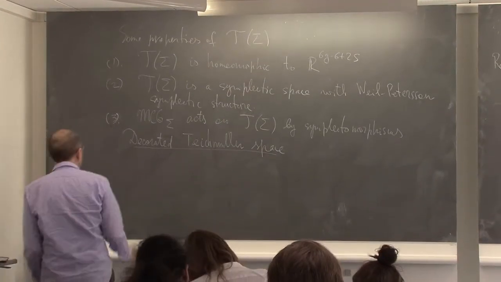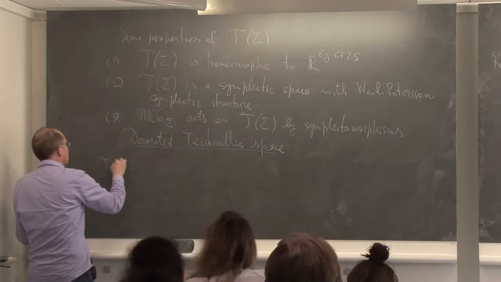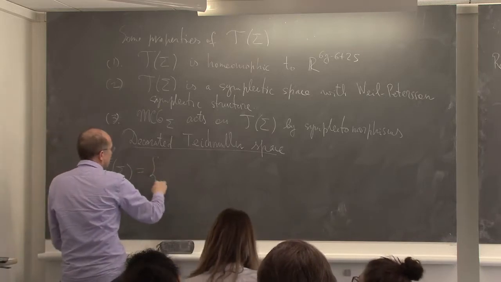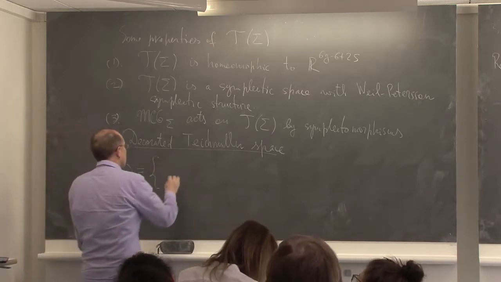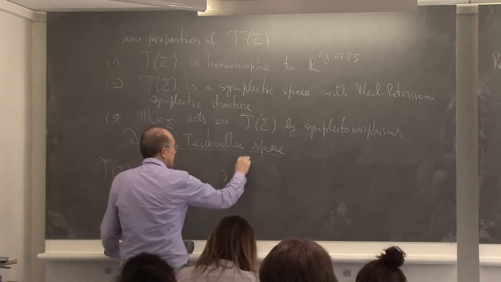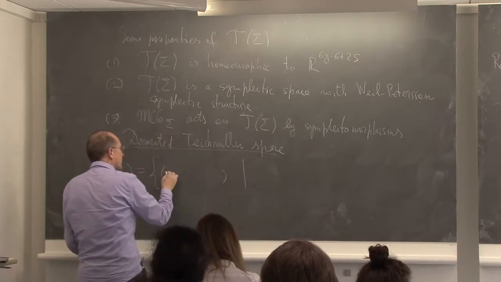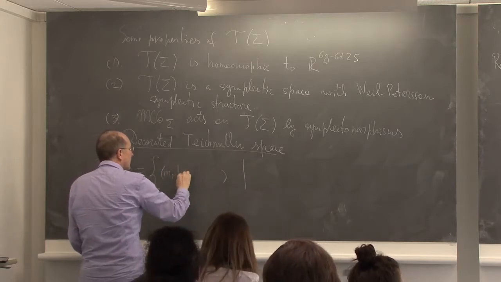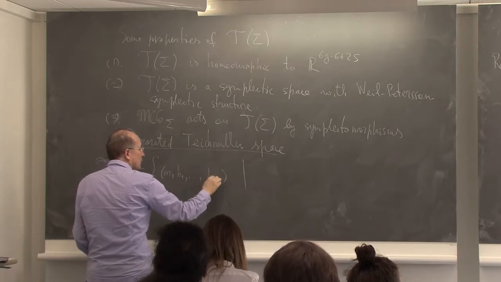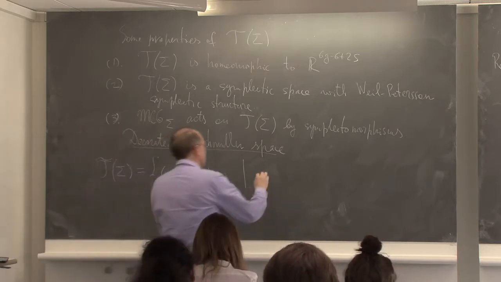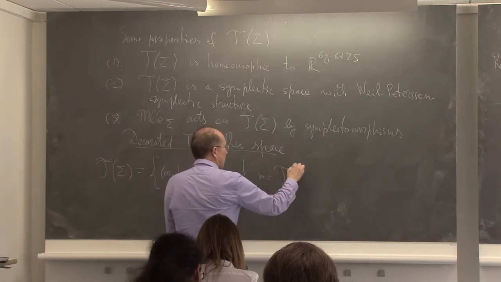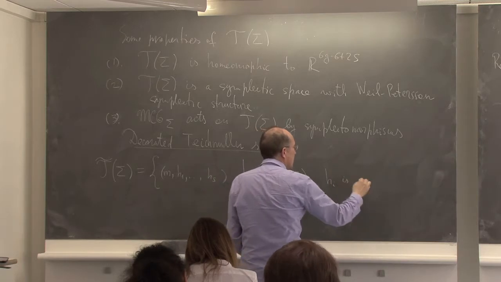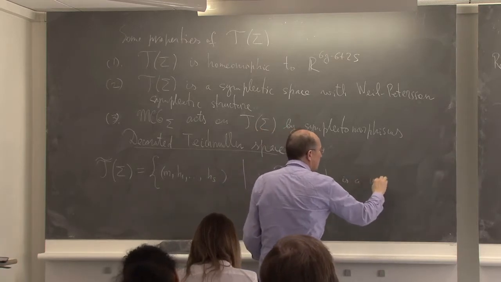So what is it? It is called tau tilde of sigma. And by definition, it is a set composed of a point of the Teichmüller space and s horocycles, one horocycle for each puncture. So M is a point in the Teichmüller space, and hi is a horocycle.